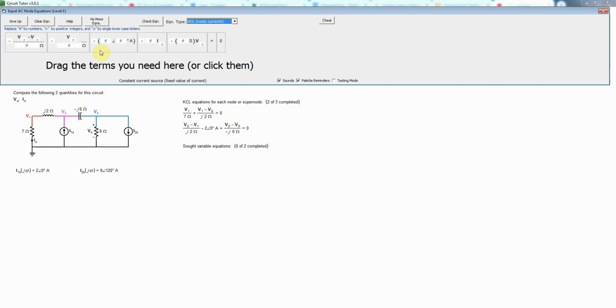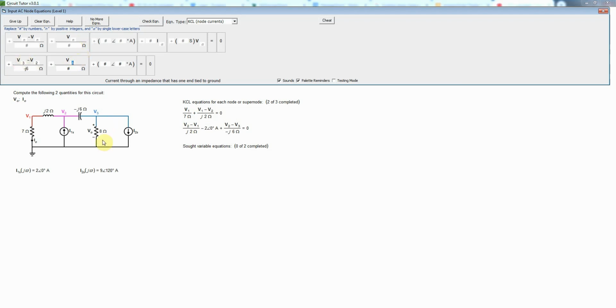And then we would need another one for node 3. And that would have a term like this going through the capacitor, and then a term connected to ground, and then a current source term for I2S, and that would be equal to 0. And so we now have V3 minus V2 divided by minus J6 ohms.